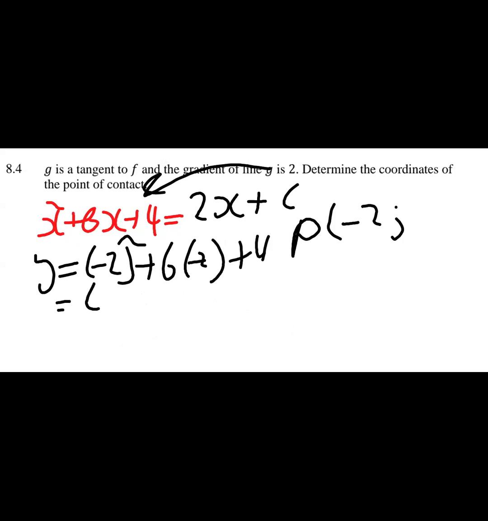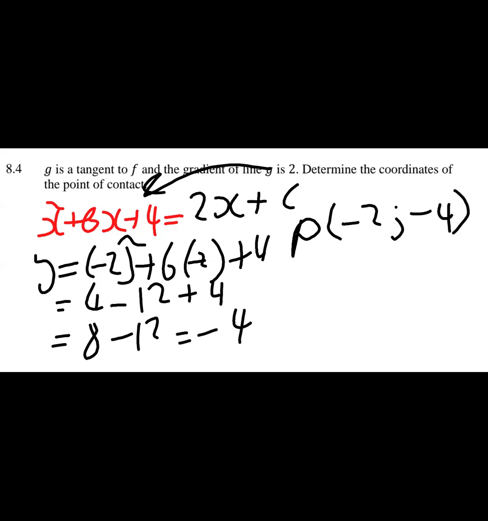As a result, 4, negative 12 plus 4. Then as a result, you get 8 minus 12, which will be negative 4. Then this is the point of contact you are looking for.